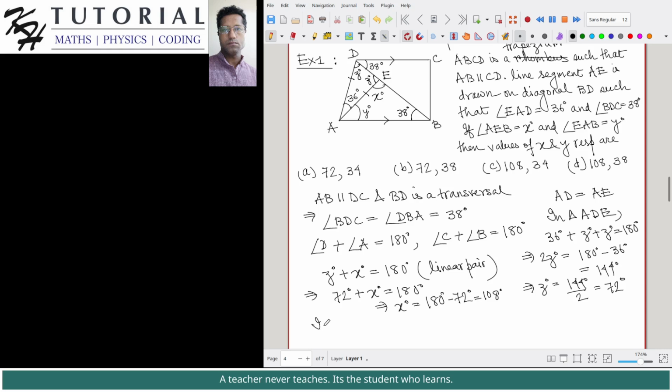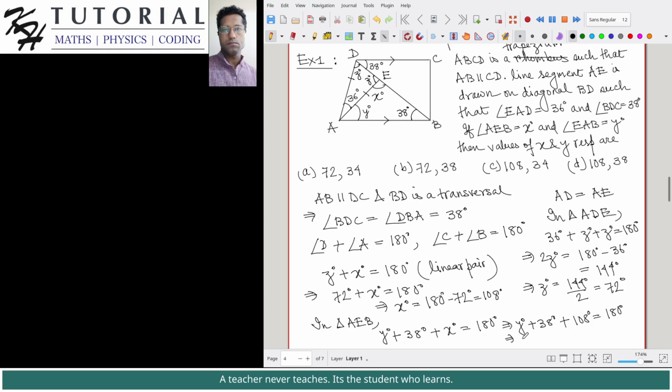So in triangle, again applying the angle sum property in triangle AEB, we must have y degree plus 38 degree plus x degree should be equal to 180 degree. So this implies y degree plus 38 degree plus x is 108 degree should be equal to 180 degree.